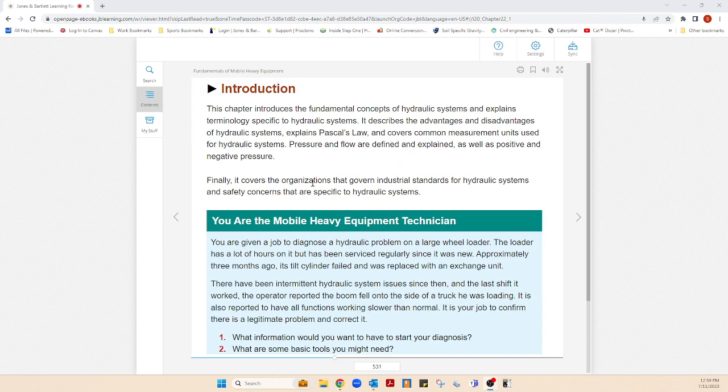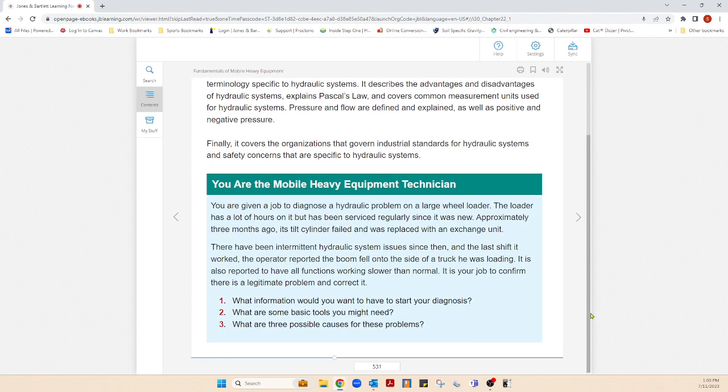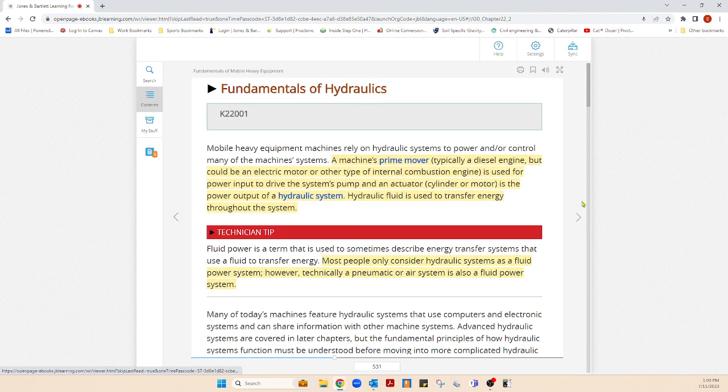There are some organizations I want you to know about that govern several things, standards such as ASME, and of course OSHA and institutions such as that. So I'm not going into this little exercise right here. I want to get on into some things that I need to clear up just a little bit.